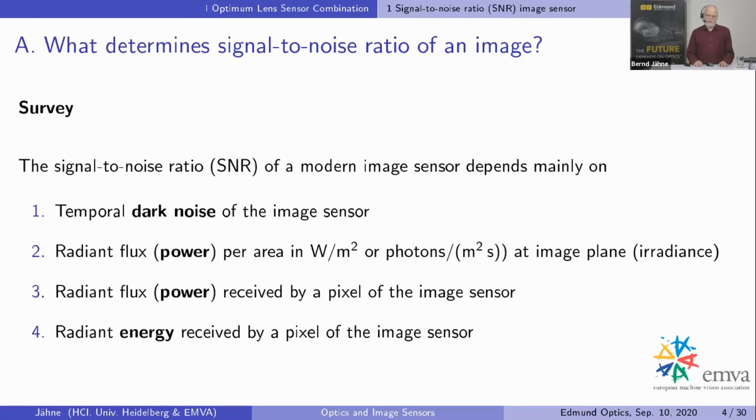The second: is it the power received per area, which you can express either in watts per square meter or in photons per square meter, at the image plane? Third: instead of the power per area, is it rather the power received by a single pixel of the image sensor? Or even another variant: is it not the power, but the radiant energy received by a pixel of the image sensor? So think for a moment, what is the right answer?